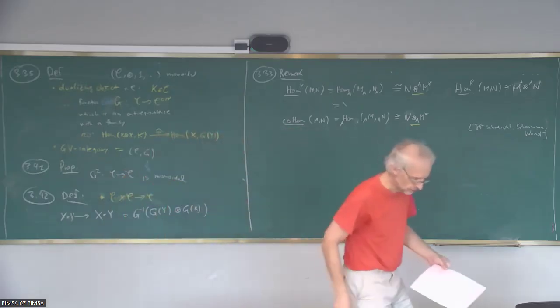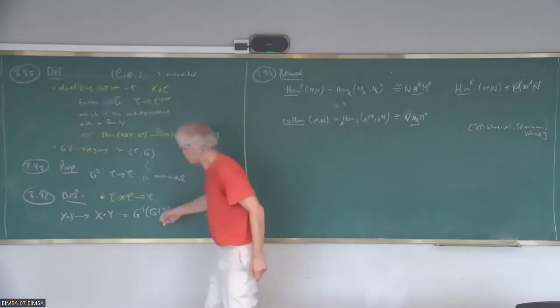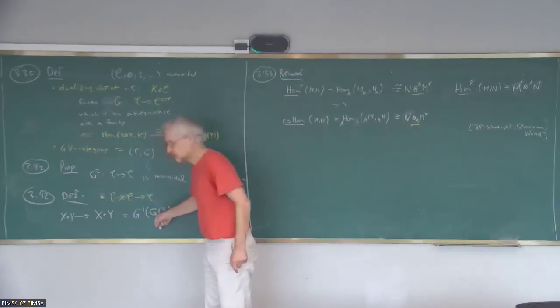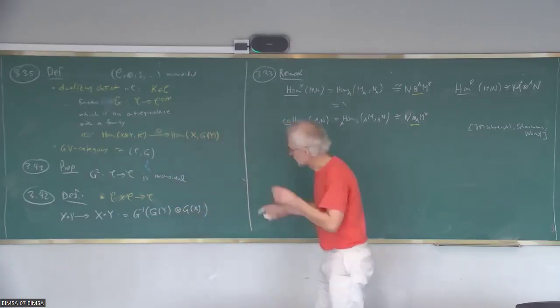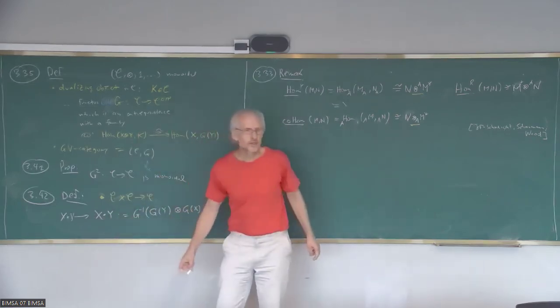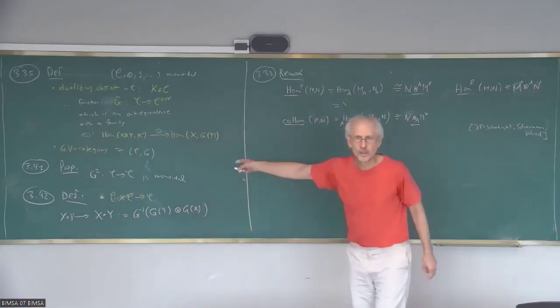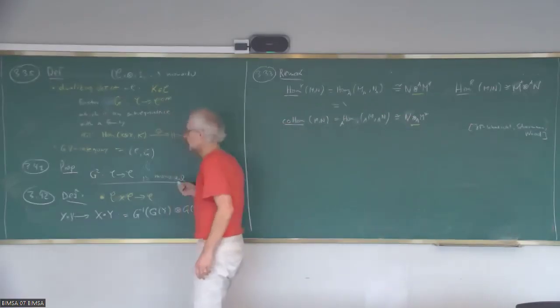And analogously, instead of taking G inverse here and G here, one could do it in the other way, in the opposite order. This gives another functor which is of interest, but it's not a new one. It's canonically isomorphic to this one because of this property here.